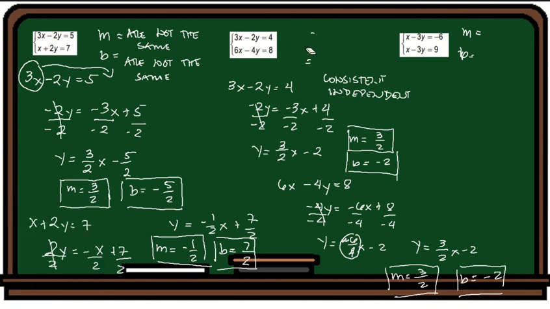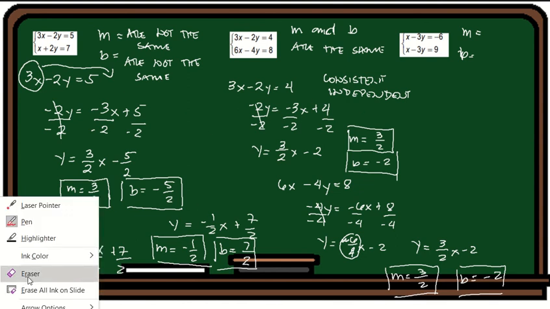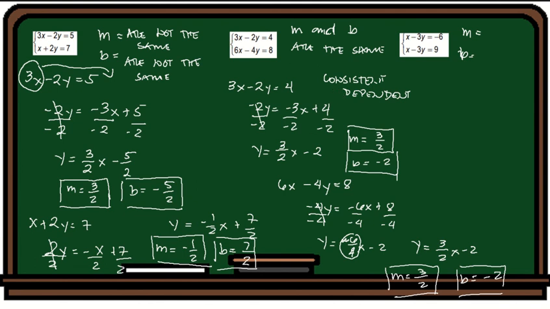So let's take note of this. So, for the consistent independent, m and b are not the same. For the consistent dependent, m and b are the same.